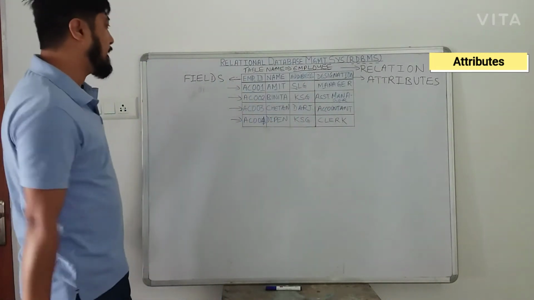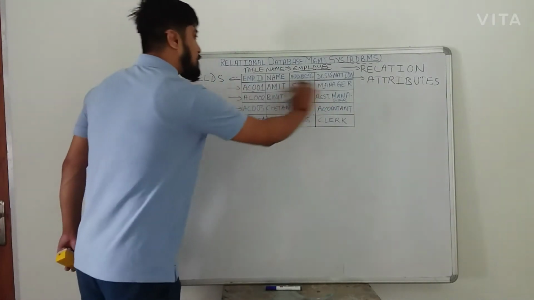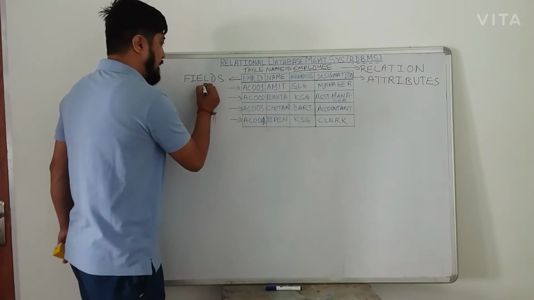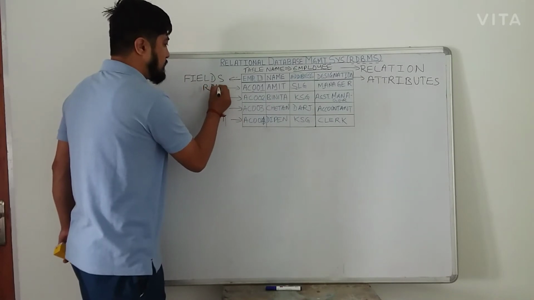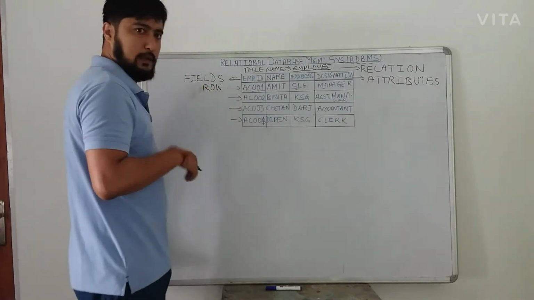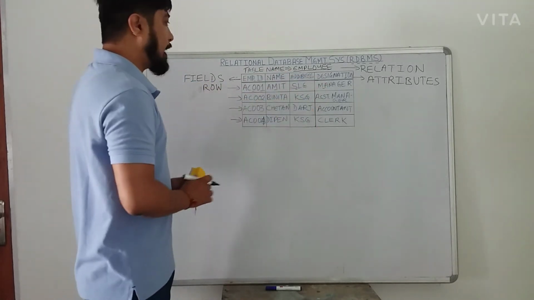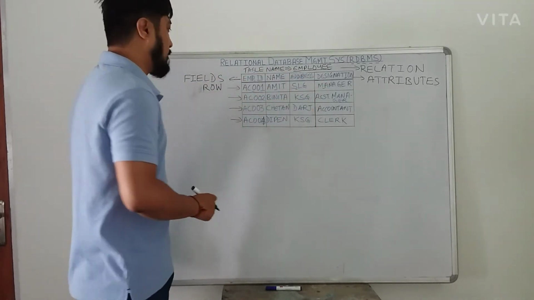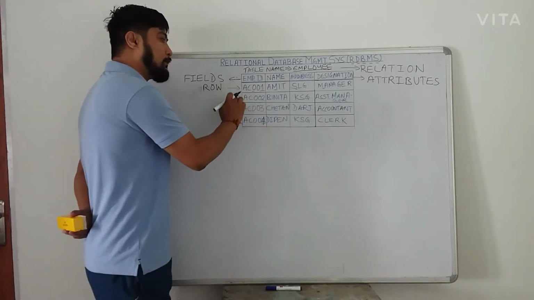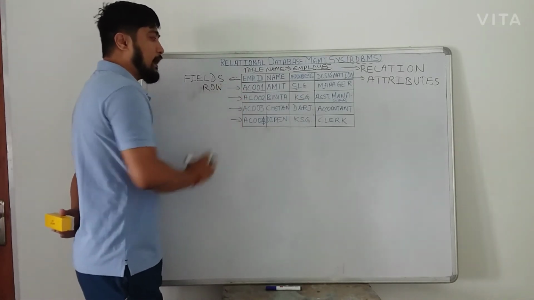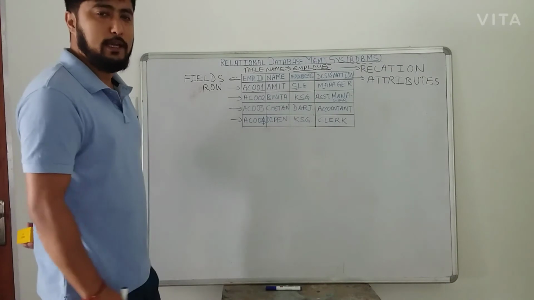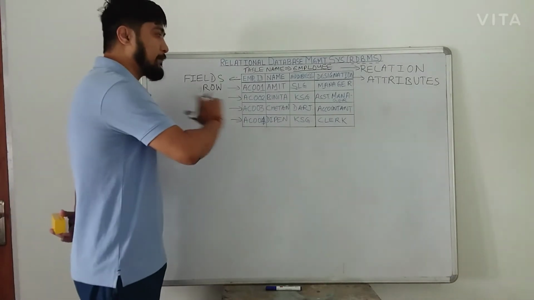Next is the row. Each of these is known as a row in DBMS, and each row represents a single record. So how many different rows are there? There are 4 different rows, and each row represents a record.